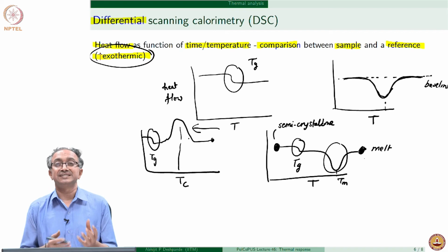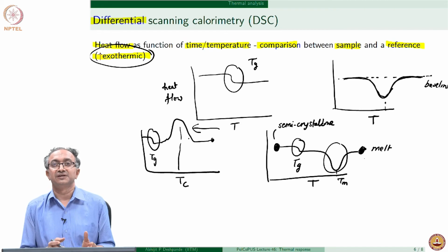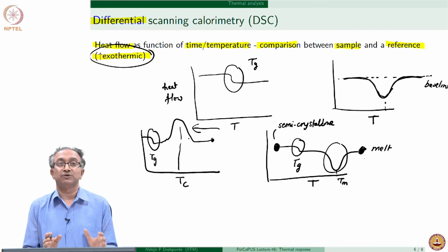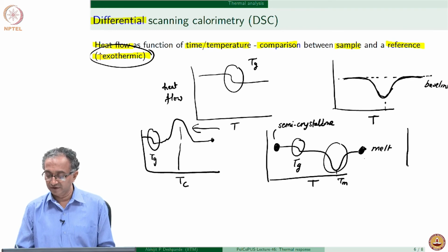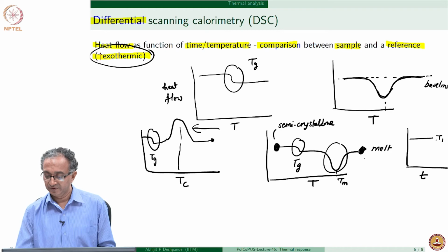So, all of these things can be studied using DSC, the crystallization kinetics, the effect of heating rate on glass transition. So, a variety of these phenomena can be studied based on observing heat flow as a function of temperature or time, as the case may be. Because we could do an isothermal experiment also, where we take the material to a given temperature, let us say T1, and then observe heat flow as a function of time.